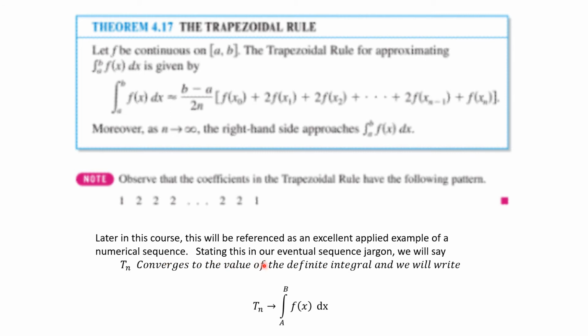So in our eventual sequence jargon, we will say that T sub n, which depends only on n, and I know it depends on f as well, but it's a function of n, converges to the value of the definite integral, and we will write T sub n converges to the integral from a to b of f of x dx. I changed to capitals, but don't worry about that right now.